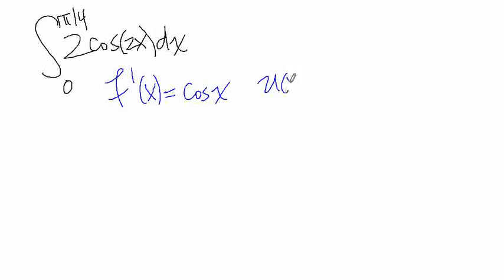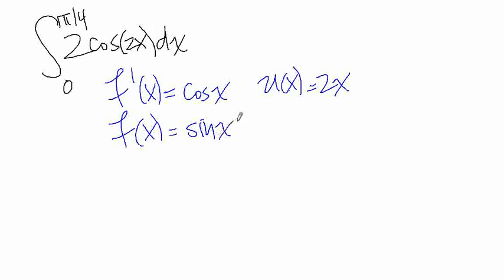I would interpret u of x as being equal to 2x. That would imply that f of x is equal to the sine of x, and u prime of x is equal to 2. And lo and behold, the original definite integral that we're interested in is an example of the patterns we were just discussing.